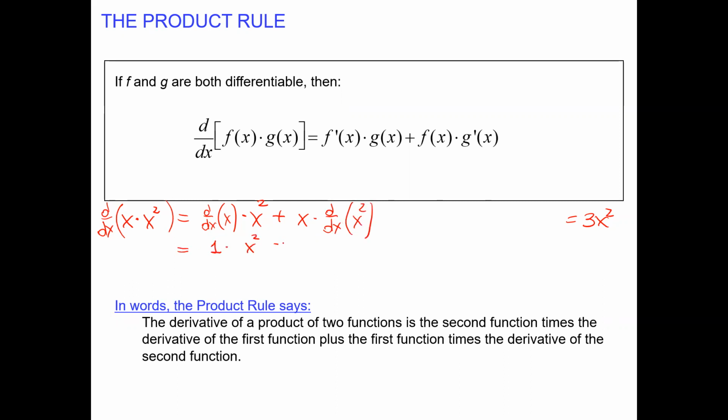The derivative of x is 1, times x squared. The derivative of x squared is 2x. So we have x squared plus 2x times x, which is 2x squared, and the final answer is 3x squared.